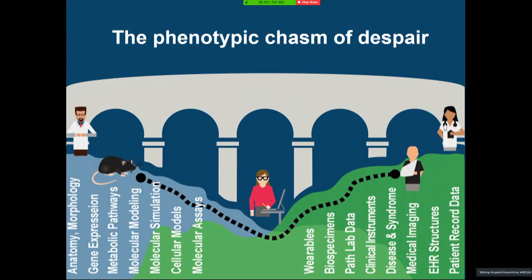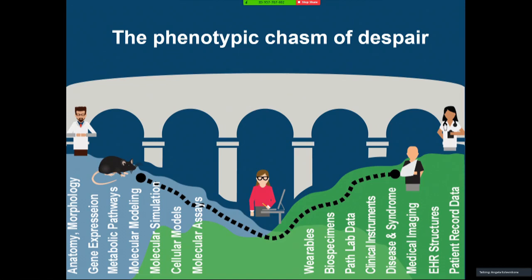So the problem, though, is that we live in a world where there's the phenotypic chasm of despair. So the clinical data, over here on the clinical side, we might have things like wearables.